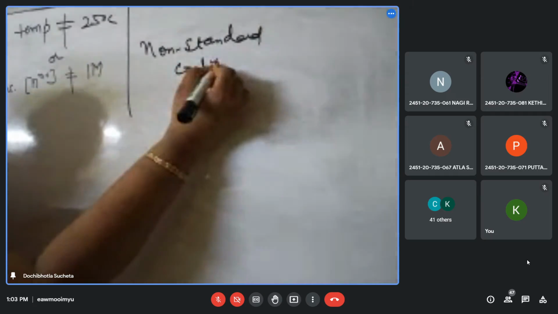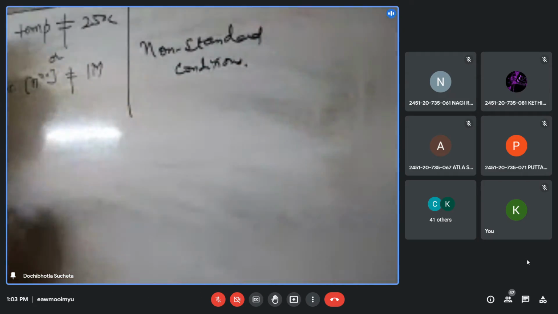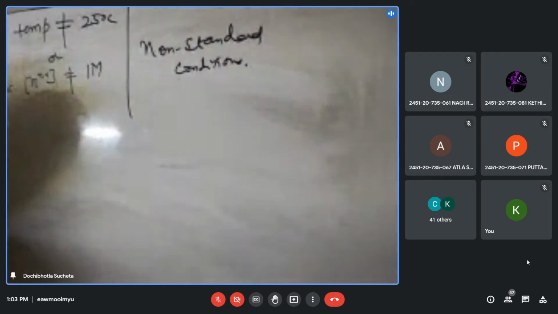And in such cases, how to calculate the electrode potential, the single electrode potentials?